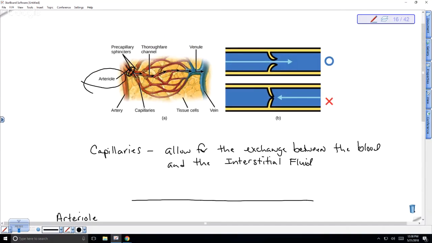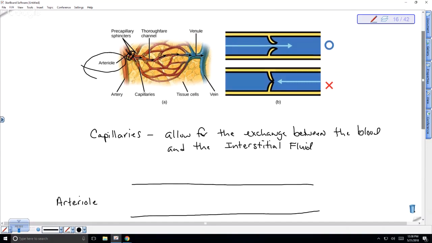So this is my arteriole. Okay. So it's leading into my capillary. This is actually showing a capillary bed. So the capillaries, you want to think of them as not just a single, they're generally a capillary bed, which is a multi-branching structure. You can see that the blood goes out into the tissue and then it emerges back and then is picked up by the veins.